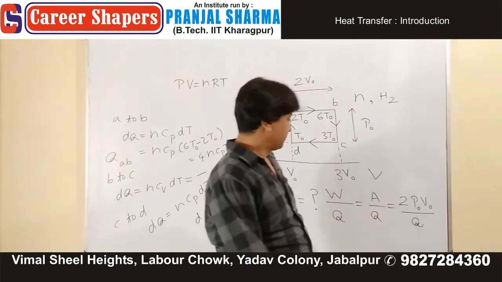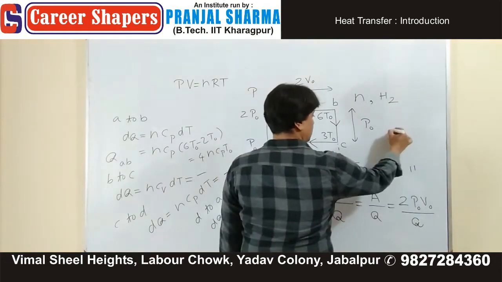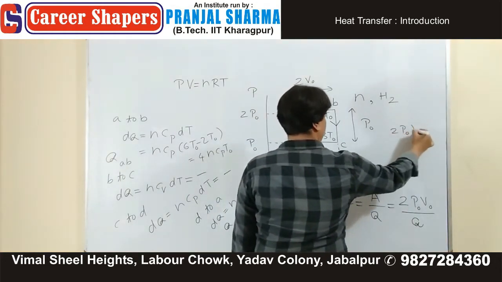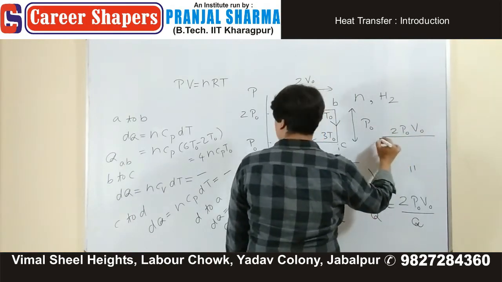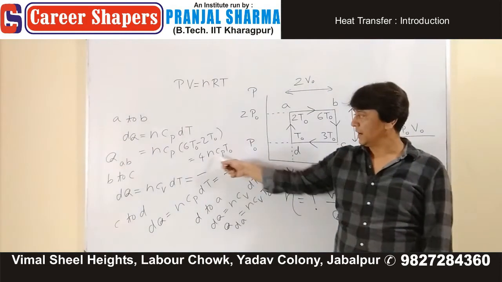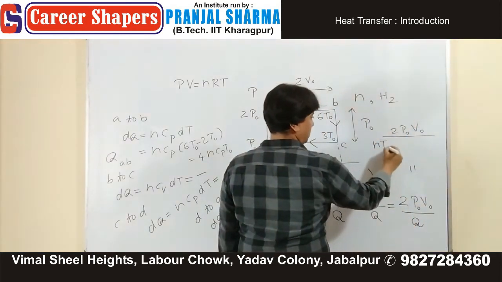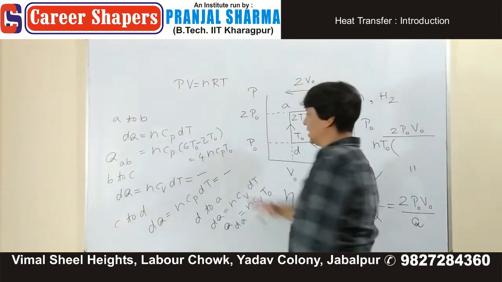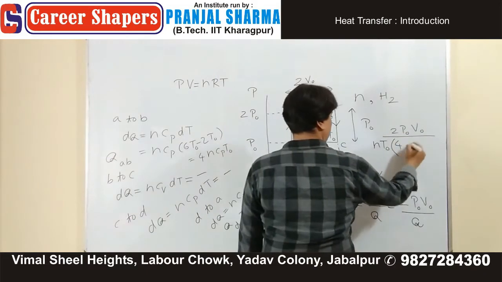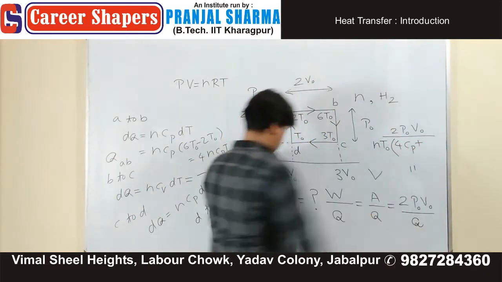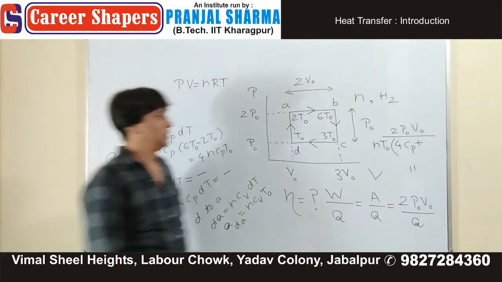That means the efficiency term is coming 2 P naught V naught divided by n T naught. Take it common, multiplied by 4 Cp plus Cv.